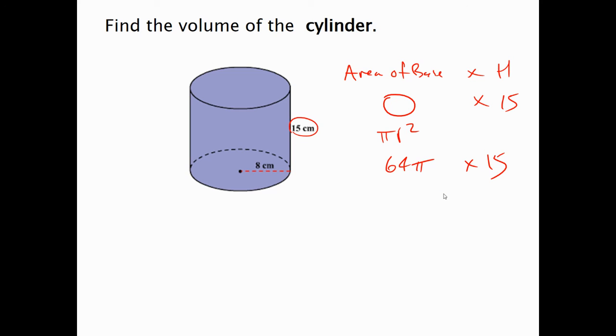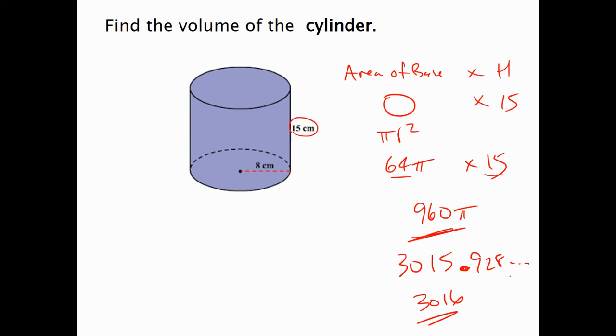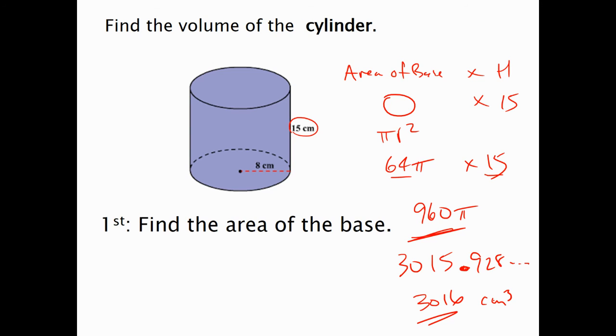If you wanted to give like exact value in terms of pi, we just do 64 times 15. You could say that. But then to round, this is going to be 3,115.928 and so on. So I'd probably have you round to the nearest whole number, and then don't forget the units. Okay, that is it for this first section.